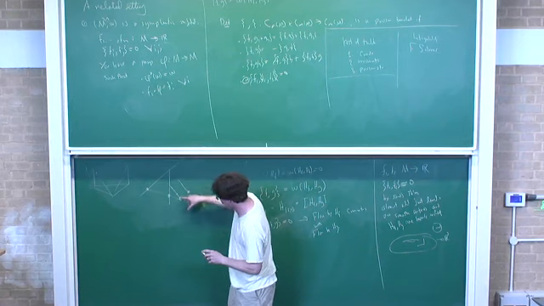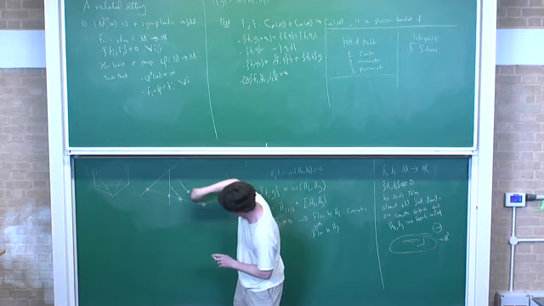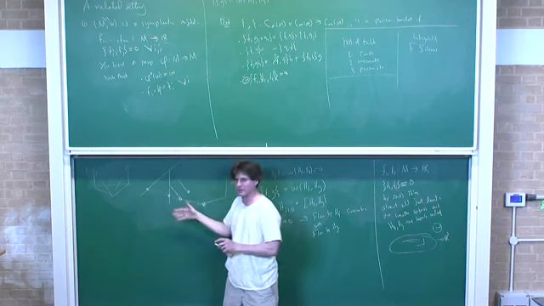So you pick a vertex and an edge, and then you take these two vertices going this way, and these two edges going this way.